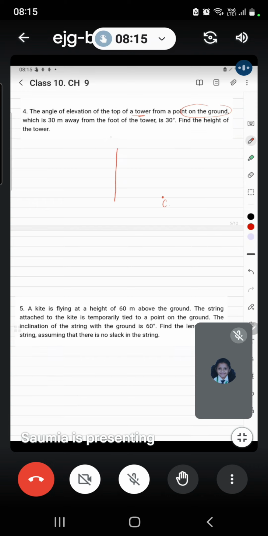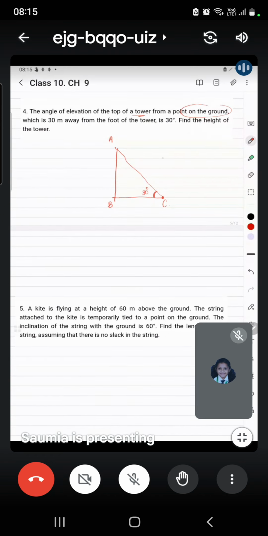So let this be a tower, AB. From here, you're looking at the top of the tower. If a person looks straight, this will be the line of vision. But he's looking up, so this will be the angle of elevation. That elevation is given as 30.